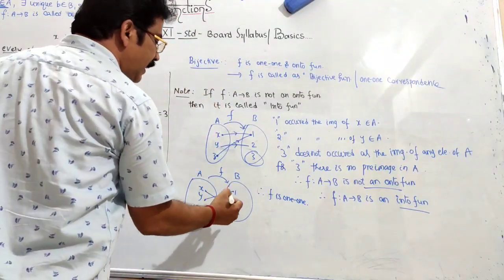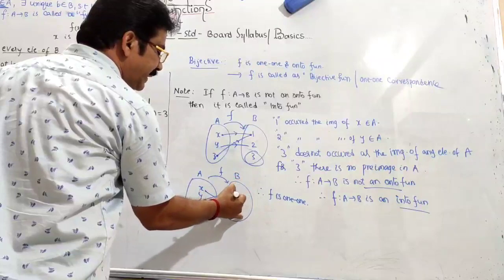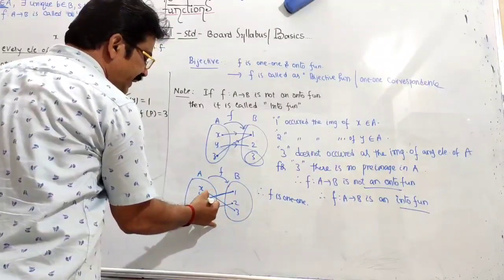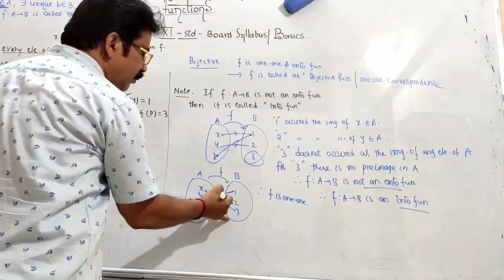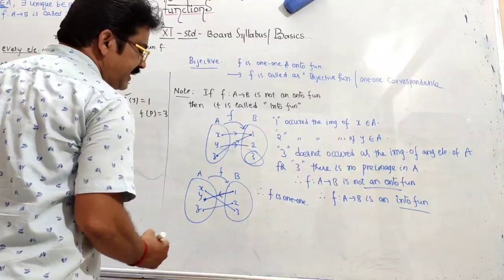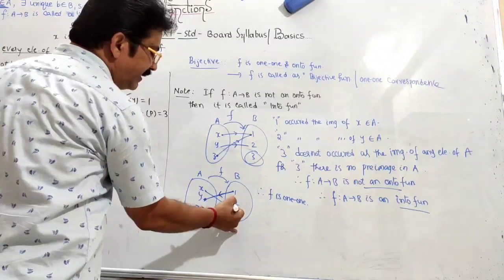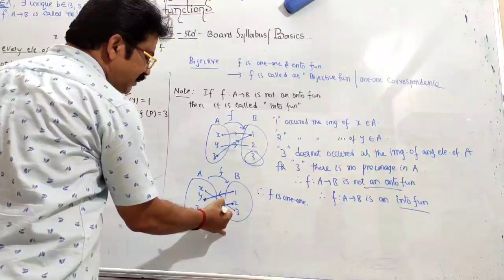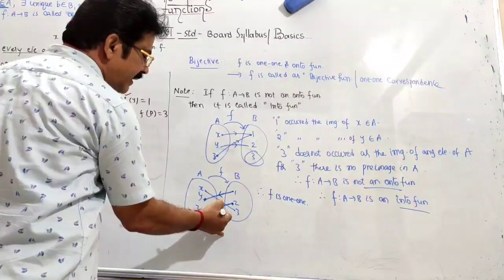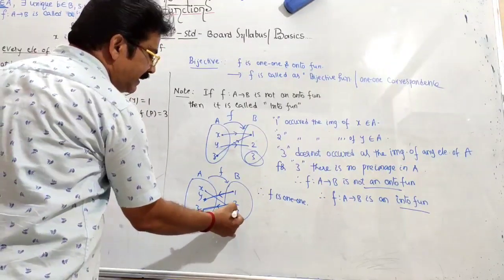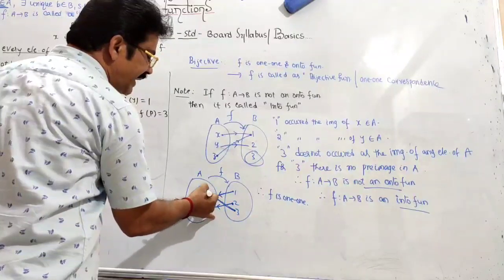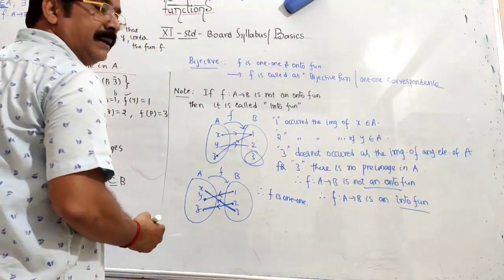And 1 in capital B has at least one pre-image in capital A. Second element has at least one pre-image in capital A. Next 3 has at least one pre-image in capital A.